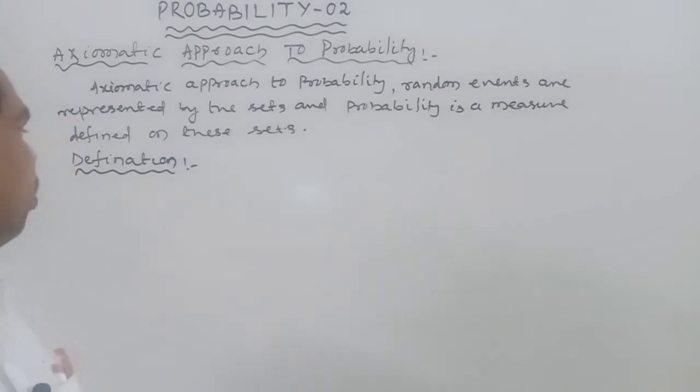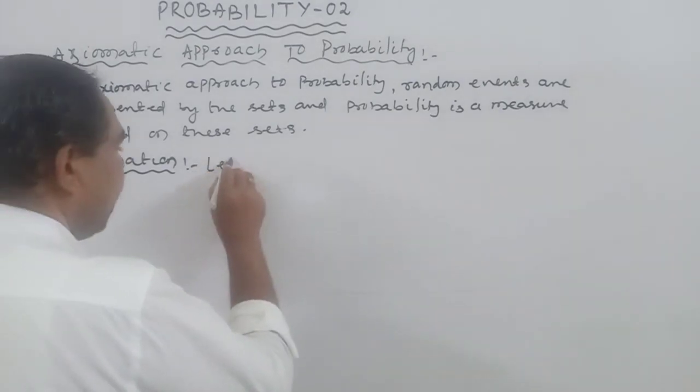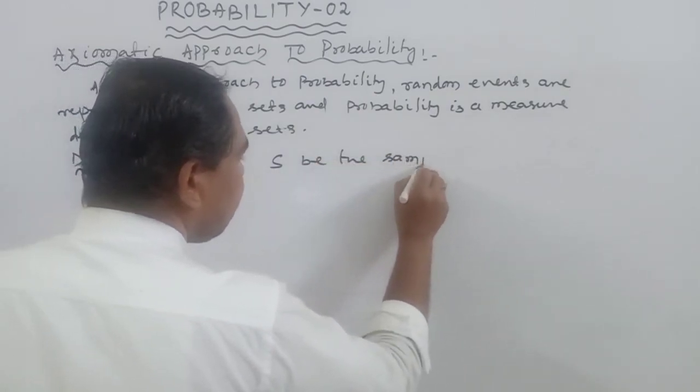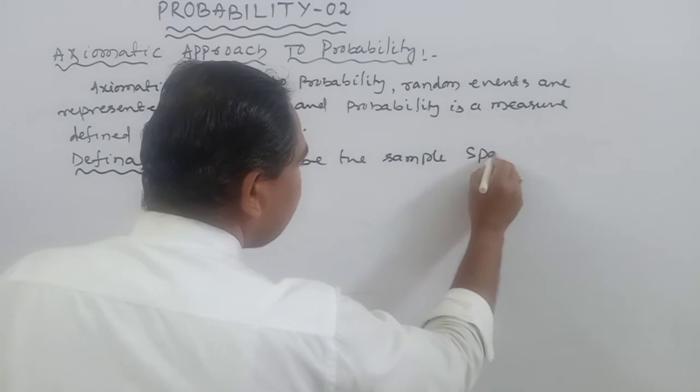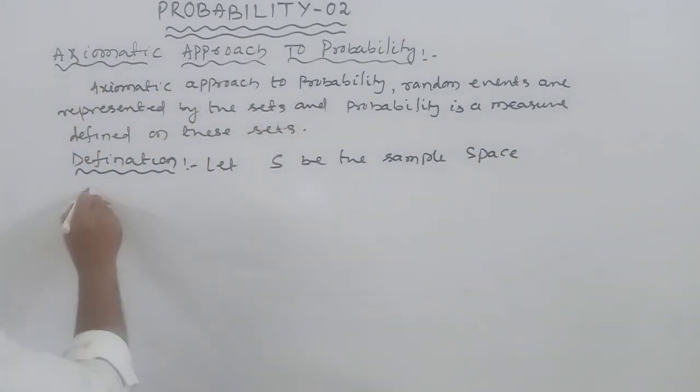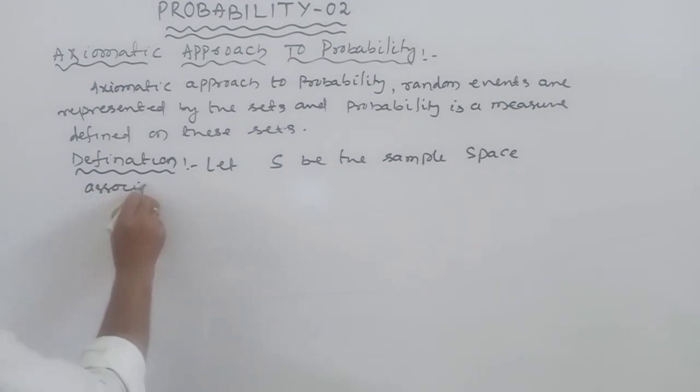Next, the definition of the axiomatic approach to probability. Let S be the sample space associated with a random experiment.